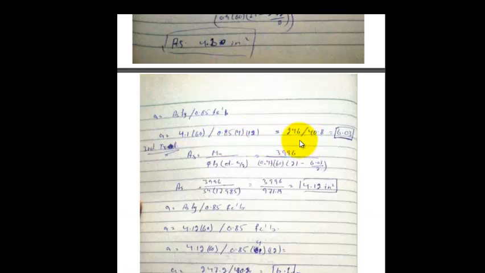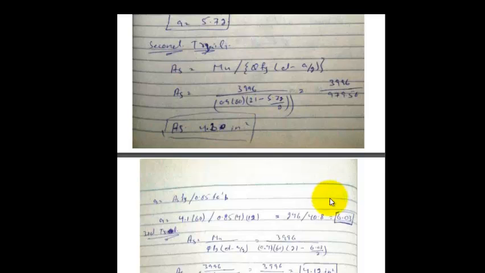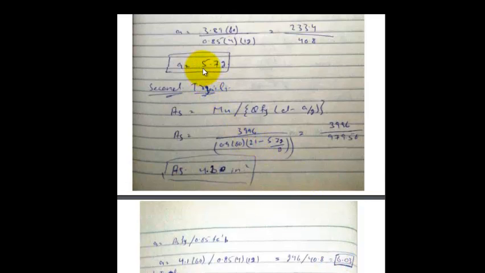We do all equation, we get that A is equal to 6.03. So we see that A is equal to 6.03, and the A here is equal to 5.72.